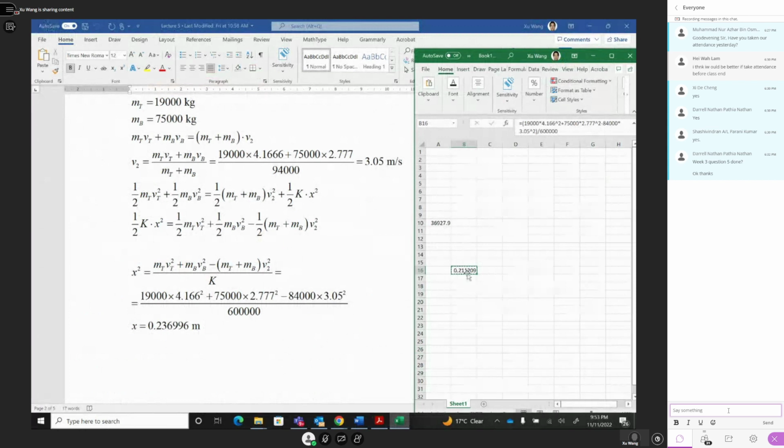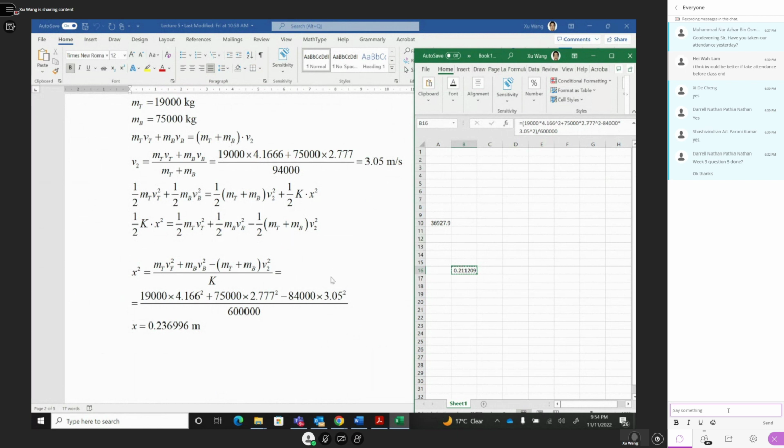Have to try. Okay, this is 19,000 kilograms multiply 4.66 squared, and plus 75,000 multiply 2.33 squared minus 84,000 3.05 squared. I think this may be a decimal error problem.